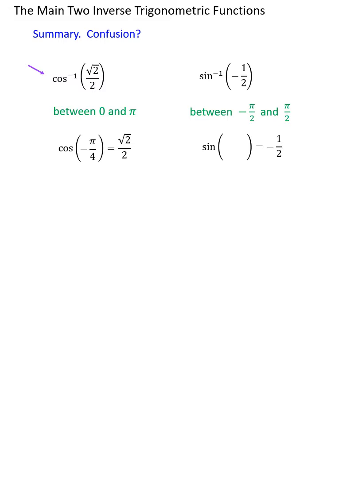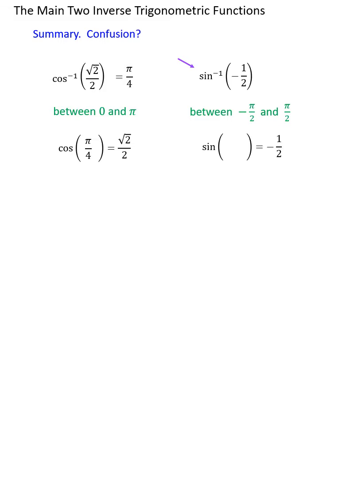The cosine of negative pi over 4 is also radical 2 over 2, but that's lower than 0, so that can't be it. And eventually, just through your knowledge of the unit circle and a little bit of luck, you'll stumble across the fact that the cosine of pi over 4 is also radical 2 over 2, but pi over 4, or 1/4 of pi, is in fact between 0 and pi, and therefore pi over 4 is the value of that inverse trigonometric function.